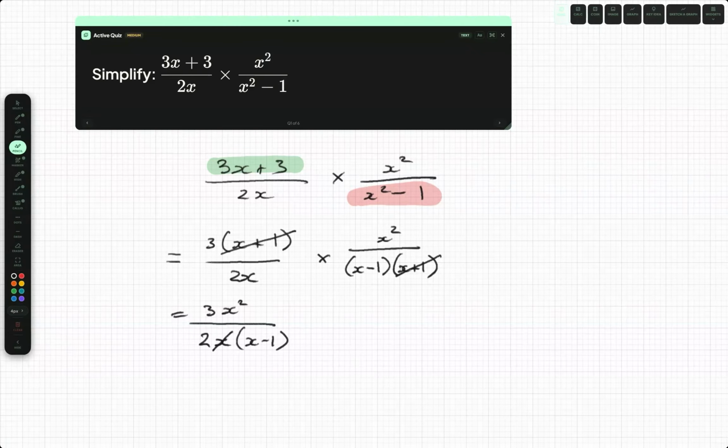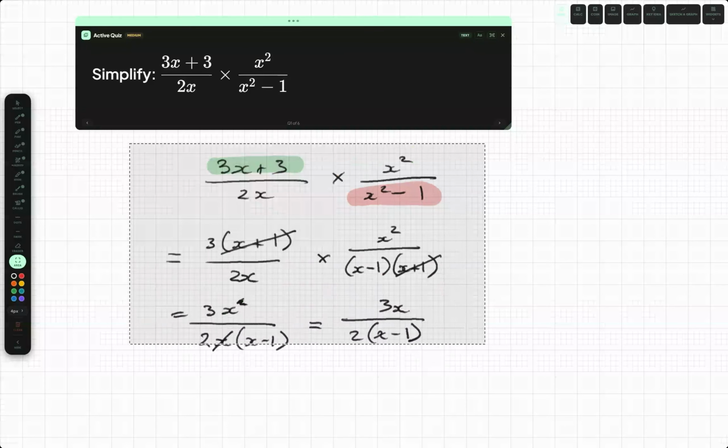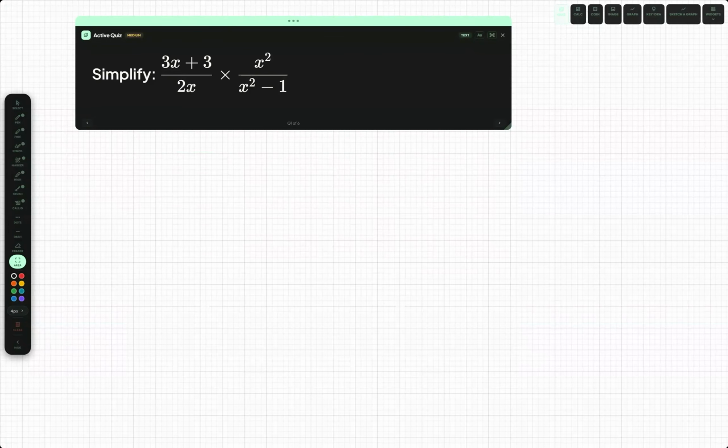So cancel one of the x's and get rid of this index. And we're left with 3x over 2 times x minus 1. So that's that done, and that's our answer, and it's pretty much what's going to happen throughout the rest of this video. We're just looking for anything we can factor, and then hoping that will lead us towards an answer.